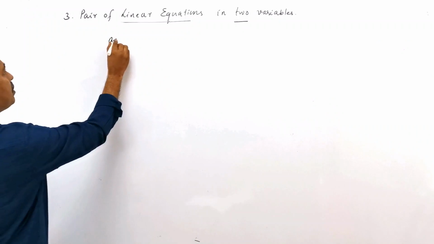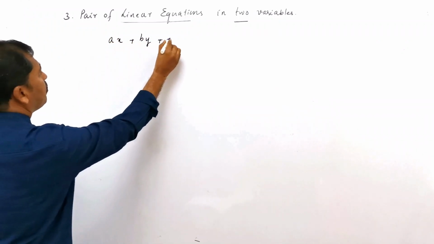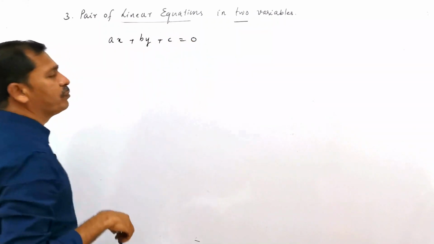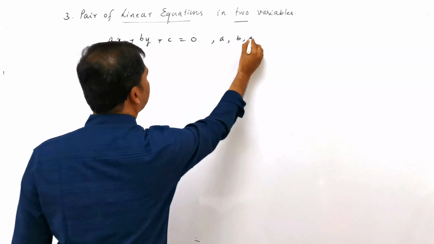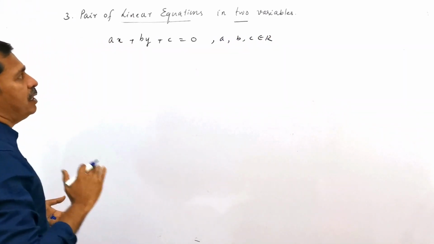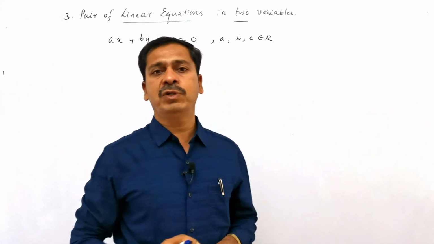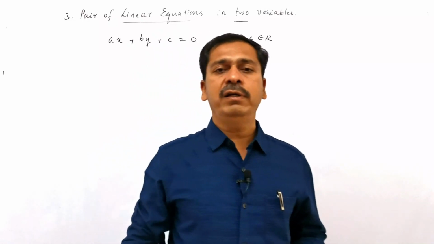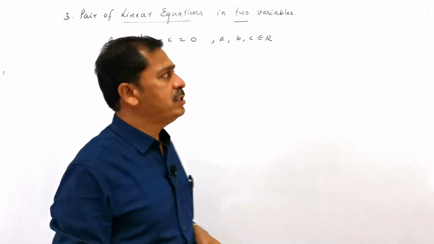If you take into consideration an equation of the form ax plus by plus c is equal to 0, where a, b, c are real numbers, this is the standard form of the linear equation. Ax plus by plus c is equal to 0 is a linear equation in how many variables? Two variables. Observe carefully.